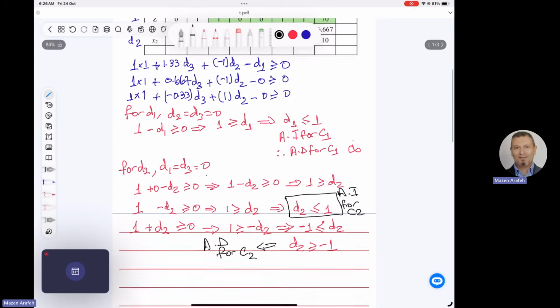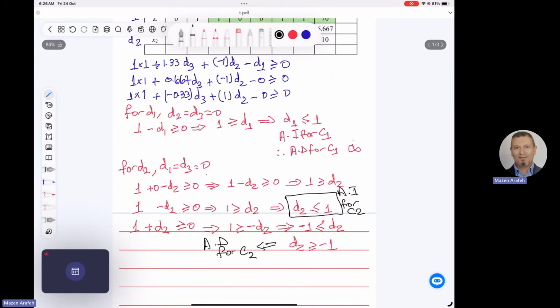Now, the last thing is for D3. So let's start for D3 now. Once we're doing with D3, we said D1 equals D2 equals 0. Okay, so now let's take the first equation.